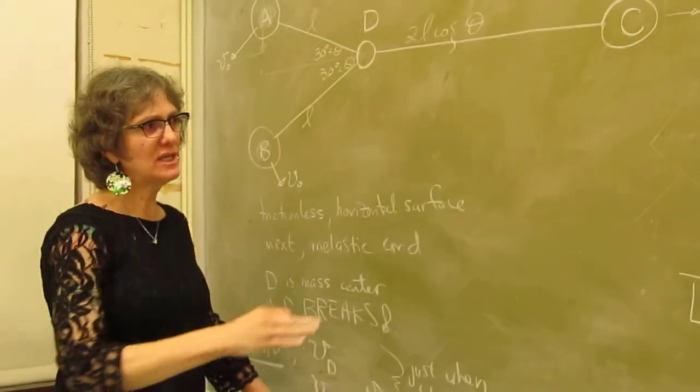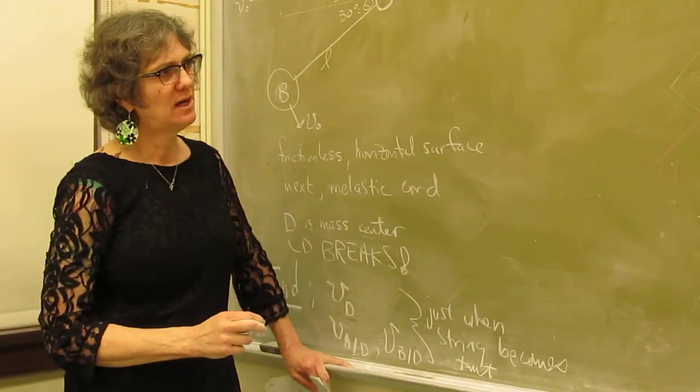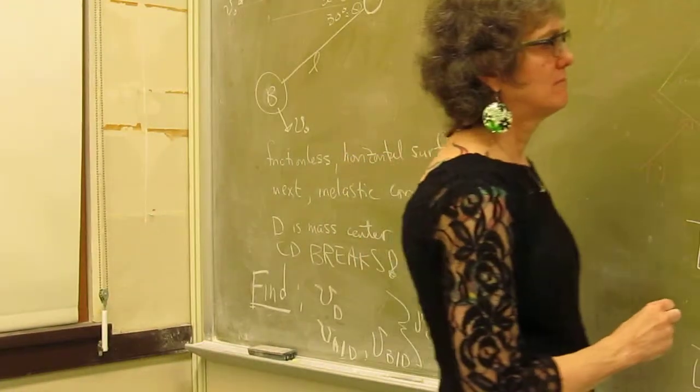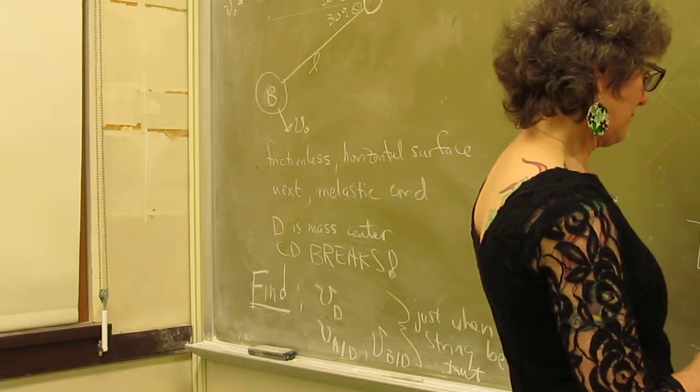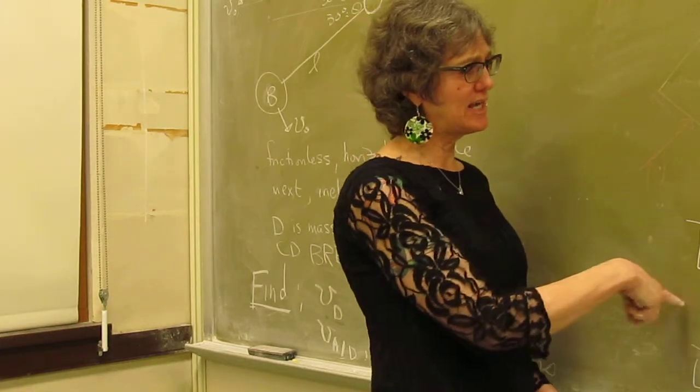C is gone. I'm just looking at the system A and B. I should have said that somewhere. Because that's all I calculated here for the linear momentum. I'm just looking at A and B.